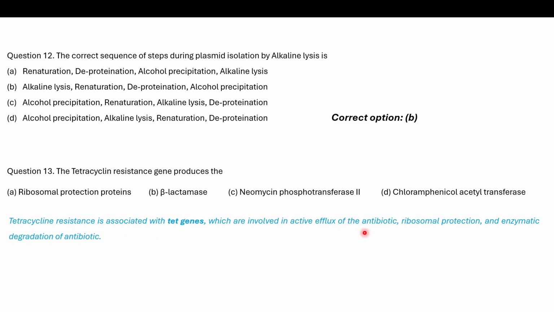So the correct answer is option A: the genes resistant to tetracycline code for ribosomal protection proteins. Beta lactamase is produced by the ampicillin resistance gene, and those involve other antibiotic resistance cases. But in the case of tetracycline, it is option A, ribosomal protection proteins.